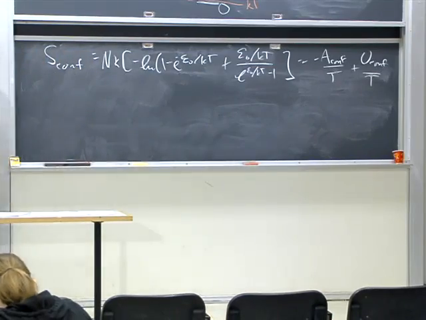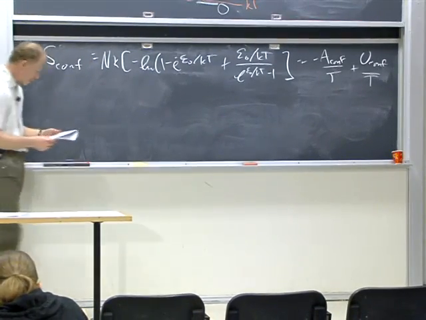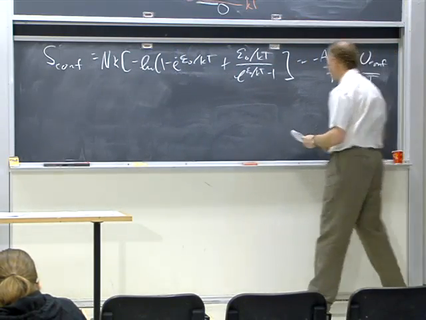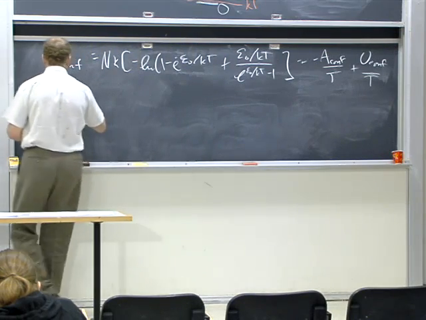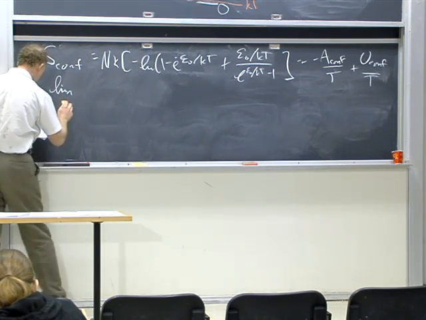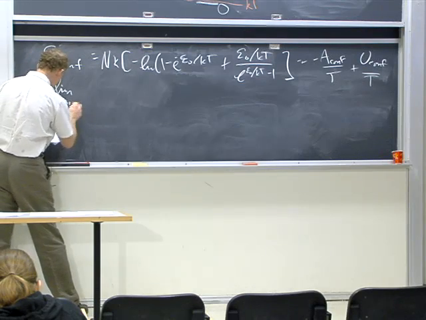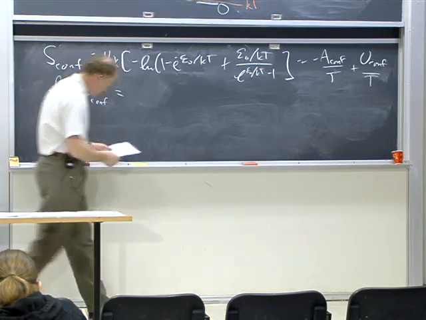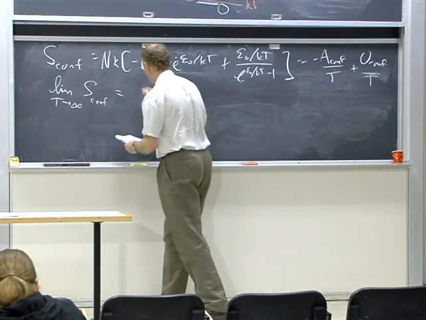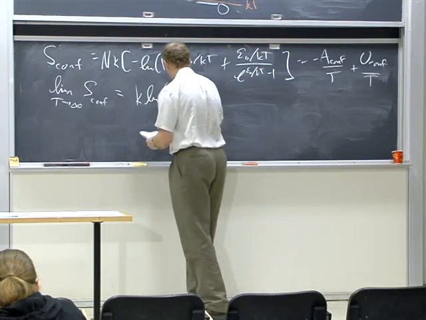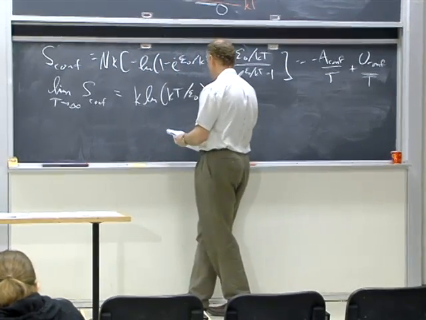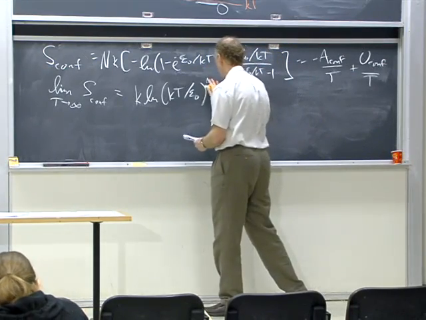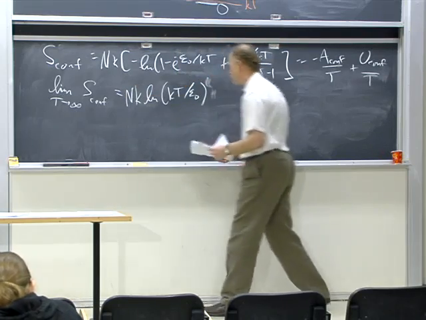And what I want to do is look at its limiting cases also. In particular, what happens here in the limit of high temperature. What happens turns out to be k log of kT over epsilon 0, to the nth power.